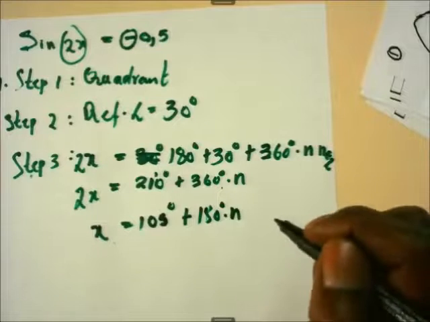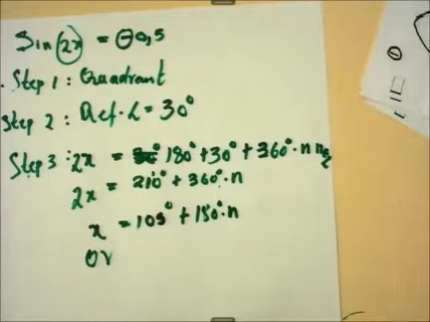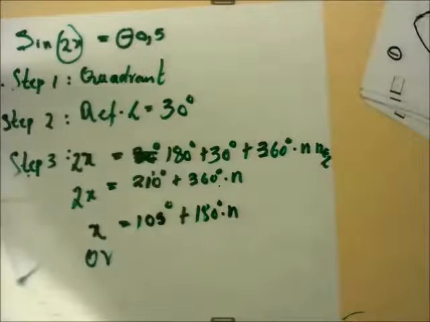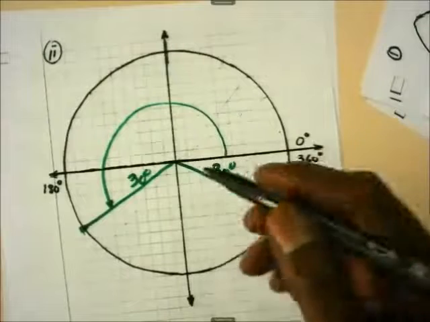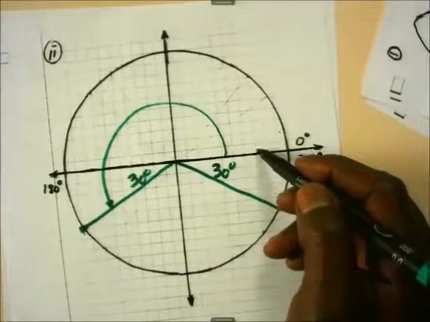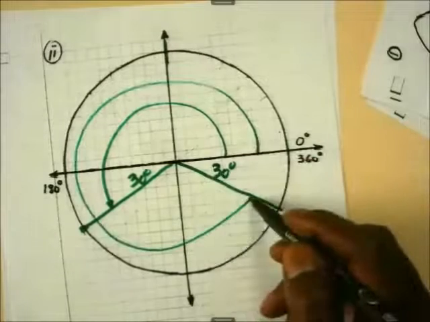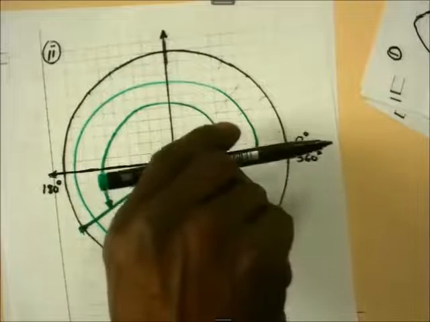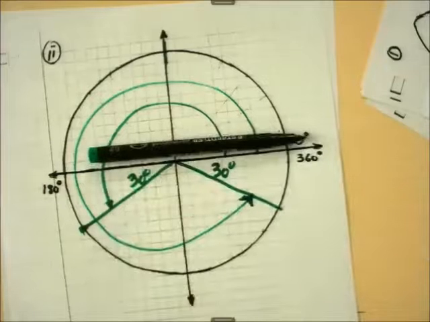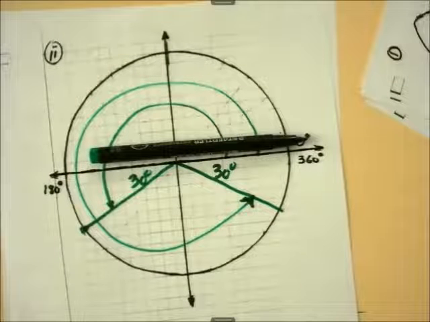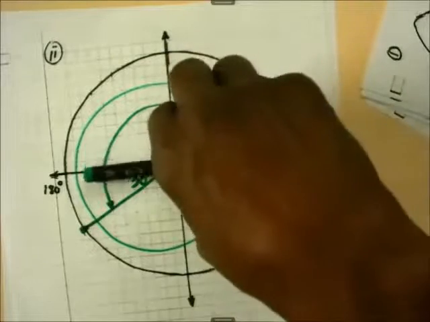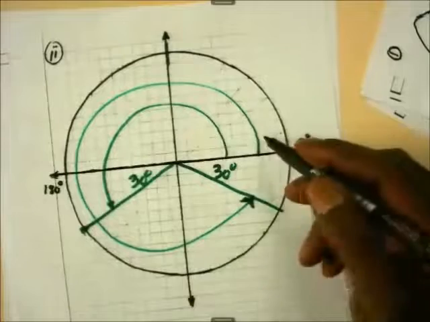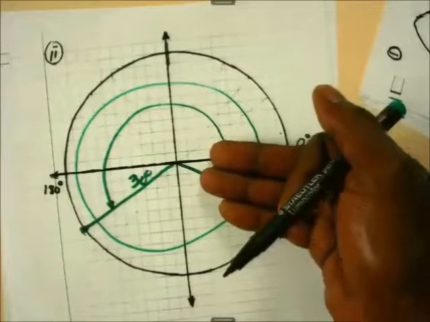That will be the first solution. Or the second solution will be, we count from here up until we get to that terminal ray. Now, what is that angle? I'm deliberately going to drop that marker there so that you should not forget. This angle here that we have counted is 360 degrees minus that angle.